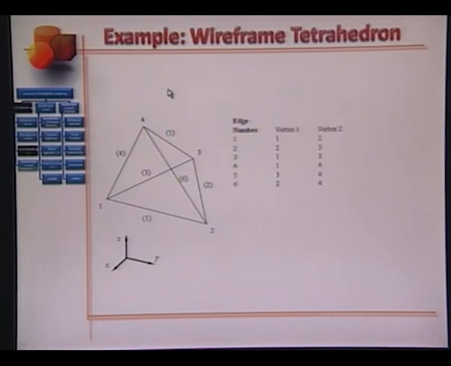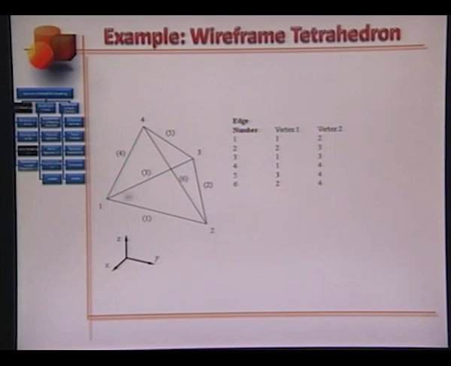One can come up with an edge table that records how edges are connected to different vertices. For example, edge 1 is connected to vertex 1 and 2. Edge 2 is connected to vertex 2 and 3. Edge 3 is connected to vertex 1 and 3.